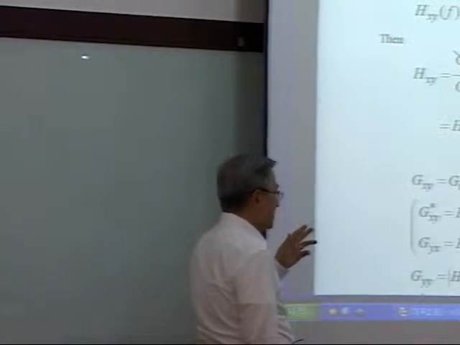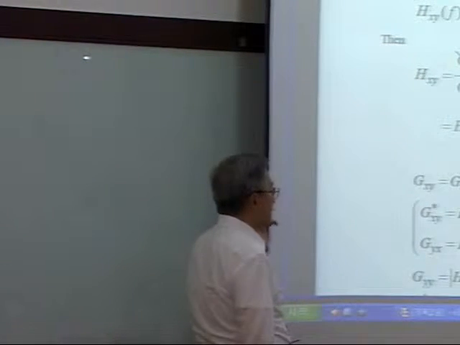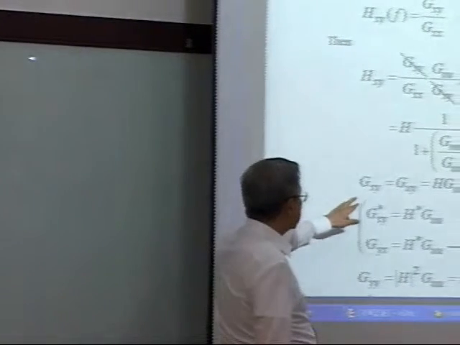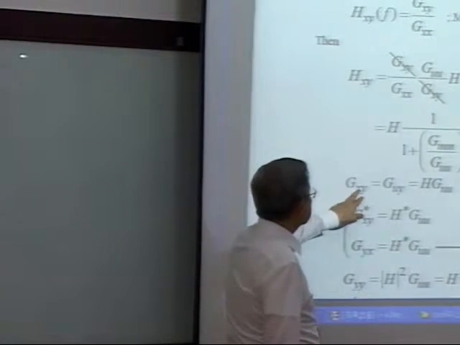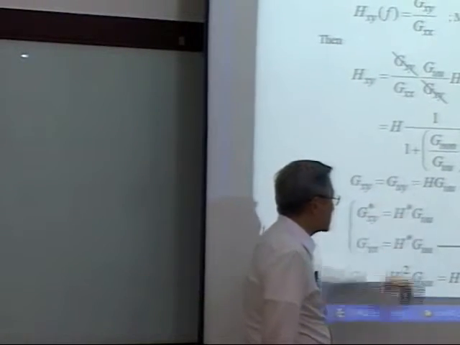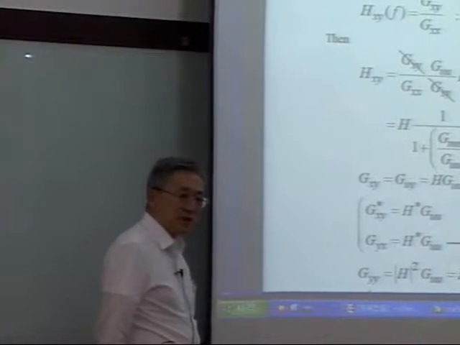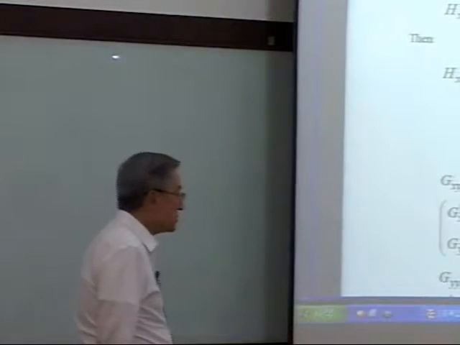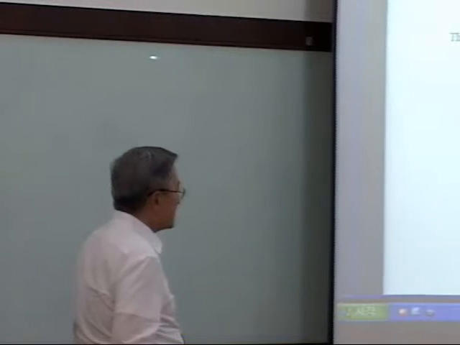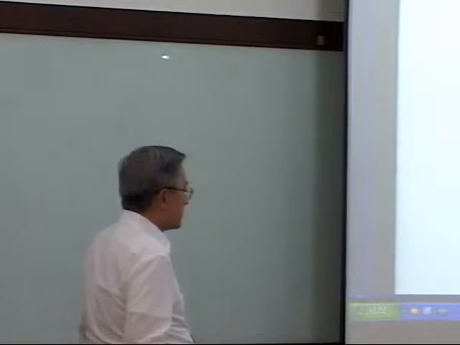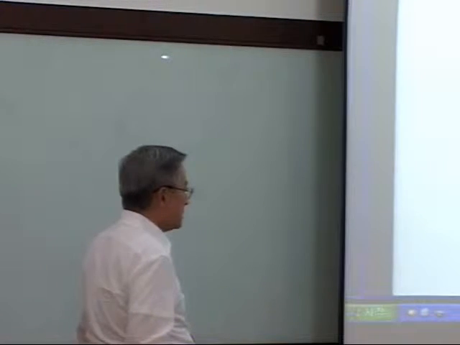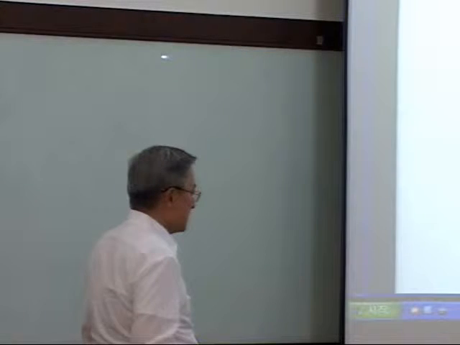When I skipped it, I have done it before. So this GXY is equal to GY is equal to H times GUU. Then star, you have to put the star here. This is complex, this is real.